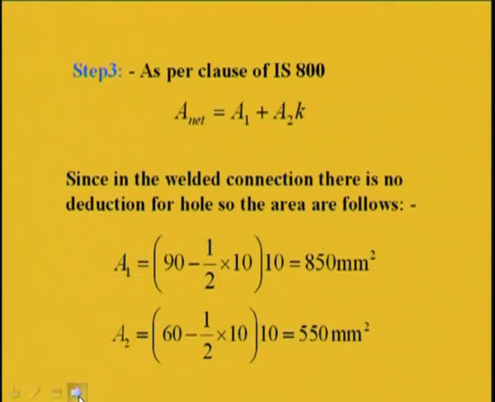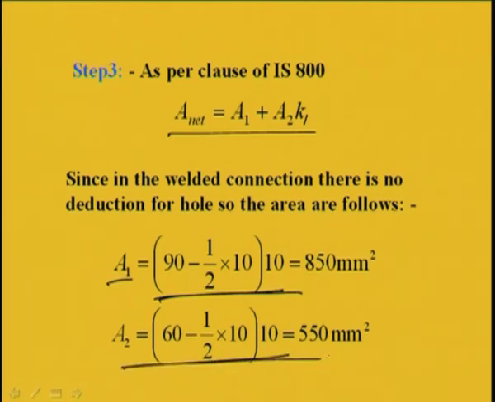Now we have to find out, as per the clause of IS 800, that A net is equal to A1 plus K1 into A2. Since in case of welding joint there is no deduction for hole, A1 will become simply the area of the connected leg and A2 will be simply the area of the unconnected leg. A1 and A2 can be found from this, because this is 90, the longer leg which is connected, 90 minus thickness by 2, 10 by 2, into thickness, this is the area 850 mm square.